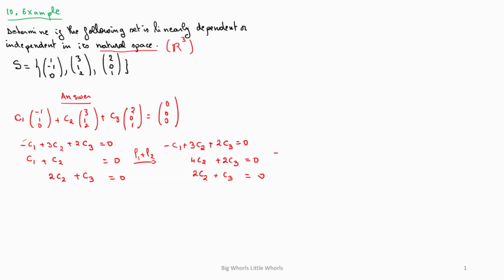Now, minus a half of row 2 plus row 3 gives -C3 + C3 = 0, so we have 0 = 0. I'm sure you know how to do Gauss's method, and if you don't recall, have a look at my chapter 1.